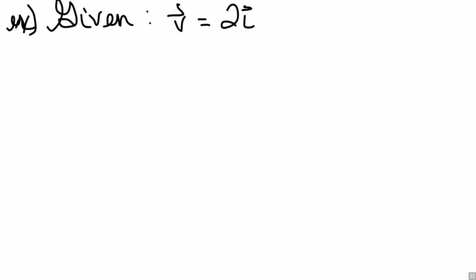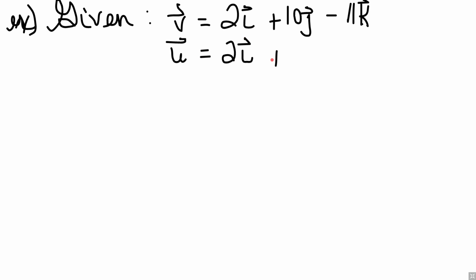For the first example, we're given vector v defined as 2 in the i direction plus 10 in the j direction minus 11 in the k direction, and vector u defined as 2 in the i direction plus 2 in the j direction plus 1 in the k direction.